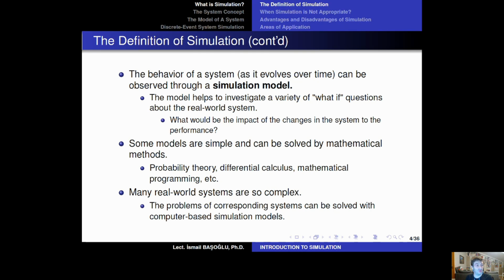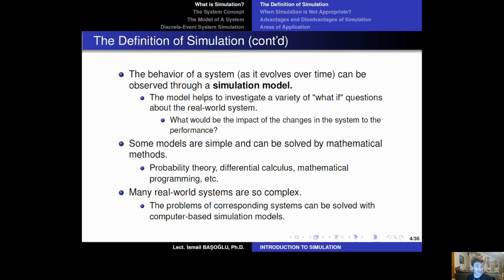For example, if you are trying to understand how a warehouse is working, it is not going to be sufficient for you to observe the system for half an hour. If you really want to understand how a warehouse is working, maybe you need to spend at least 3 months in the system to observe everything so you can understand every aspect of the behavior of the system as it evolves over time.